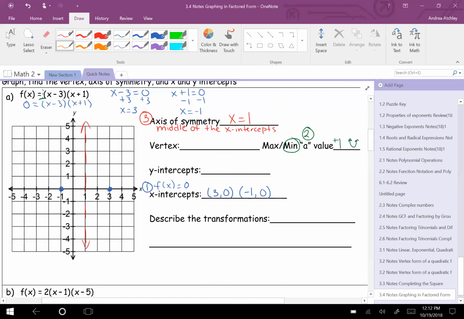Okay, so now we're going to go to step 4, which is my vertex. I already have part of my vertex because the axis of symmetry goes through my vertex. So that 1, the x value of my vertex comes from my axis of symmetry.